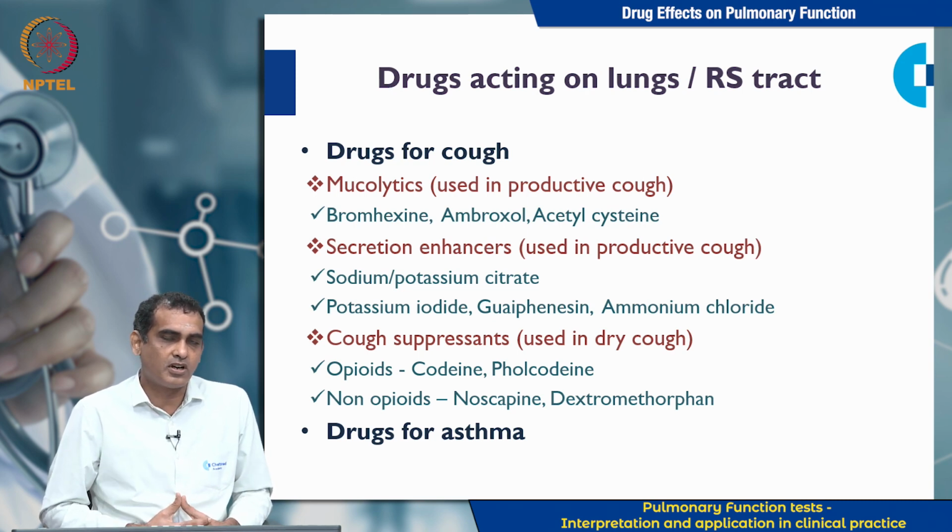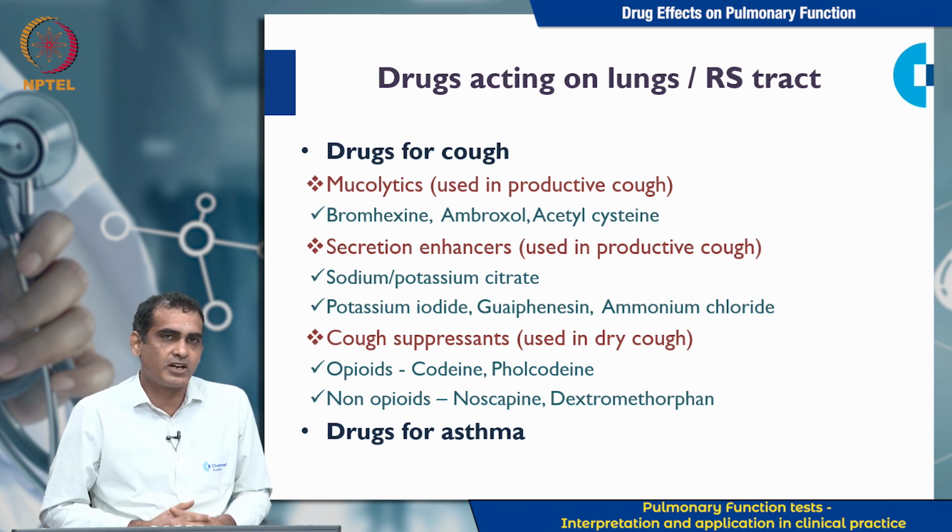When we focus on drugs that we use to treat cough, we know that cough sometimes hurts individuals. There are 2 types of cough. One is the productive cough, or wet cough, in which the patients try to expectorate the sputum, the infected material, or sometimes non-infected material, from their throat or respiratory tract, and then spit it.